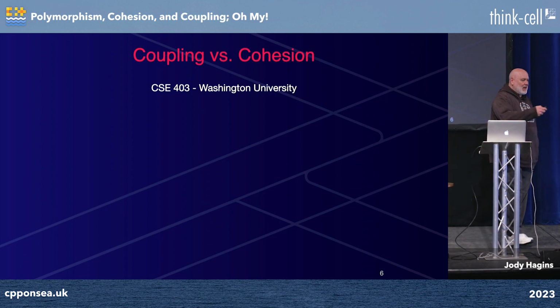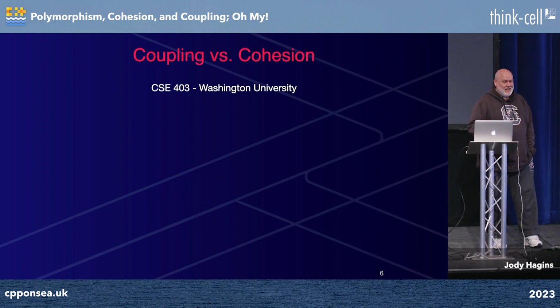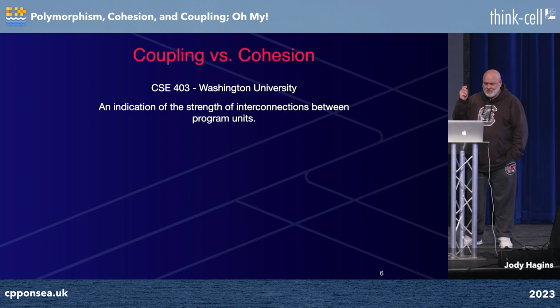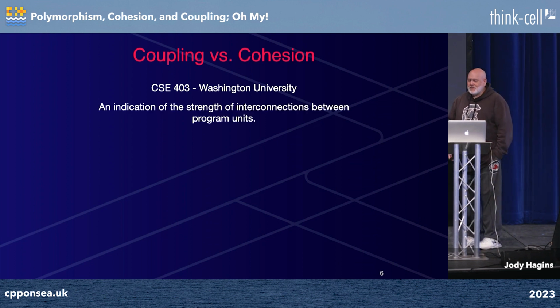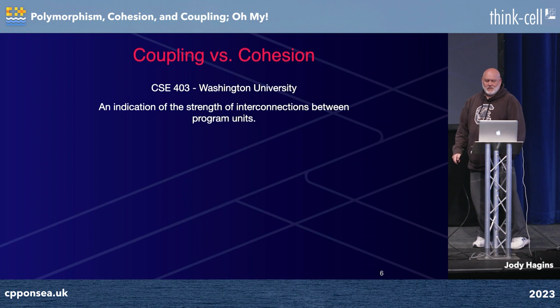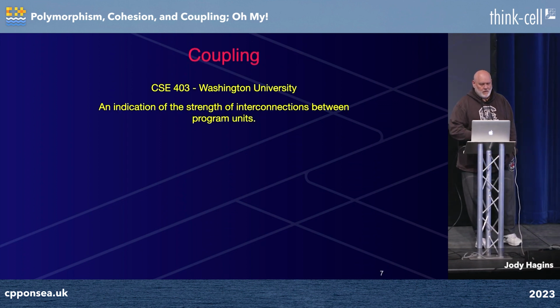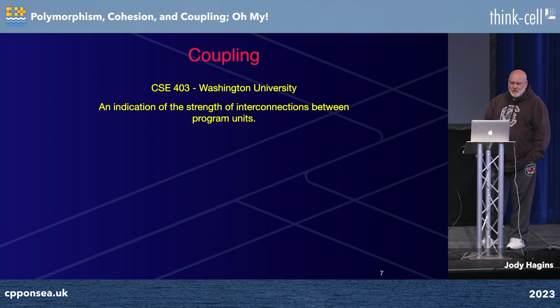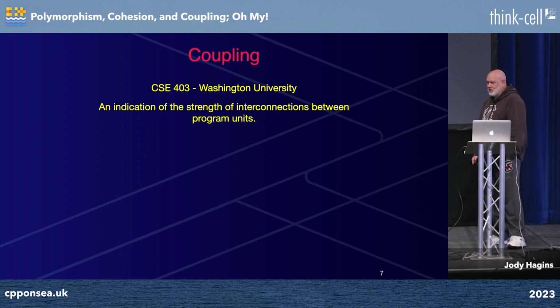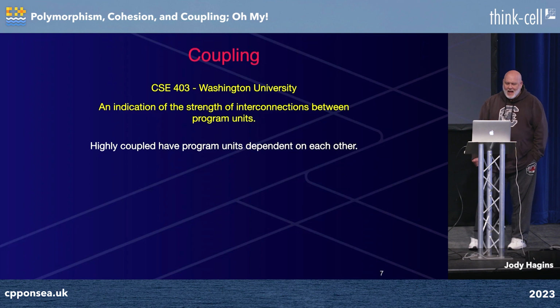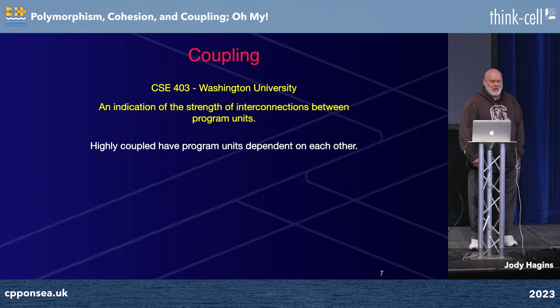There's a computer science class from Washington University, and this is actually on their syllabus. Coupling is an indication of the strength of interconnection between program units. Well, what are program units? Highly coupled have program units that depend on one another.